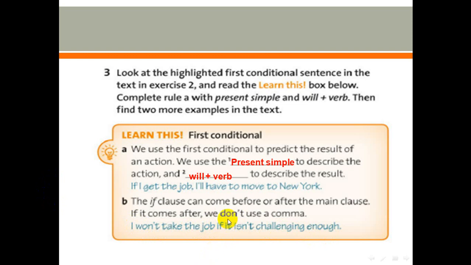I drop the comma. فأنني أستغني عن الفاصلة. But if it comes at the beginning، ولكن عندما تأتي في البداية I use a comma after I finish the if clause. فأني أضع فاصلة بعد الانتهاء من عبارة الشرط. Okay?